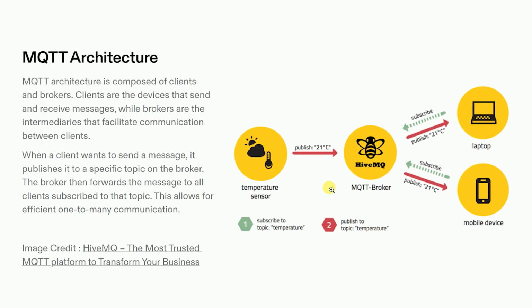It gets received by the broker, and the broker sees that many devices have subscribed to the same topic, so it routes the message to those subscribers. It's an intermediate module that knows who has subscribed and is waiting for the message, so it just routes it.